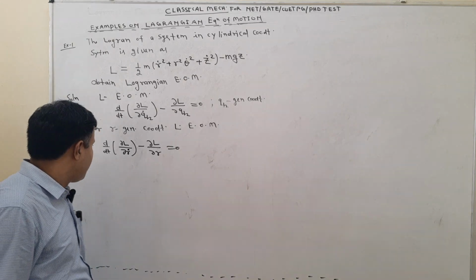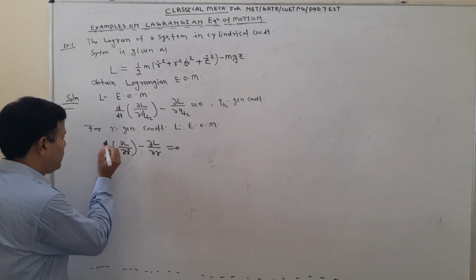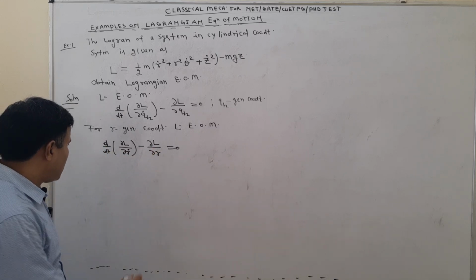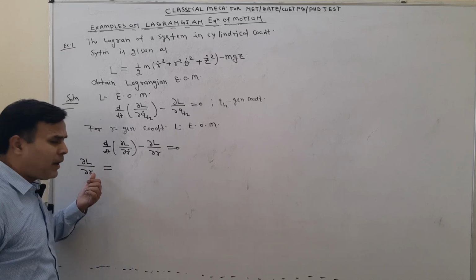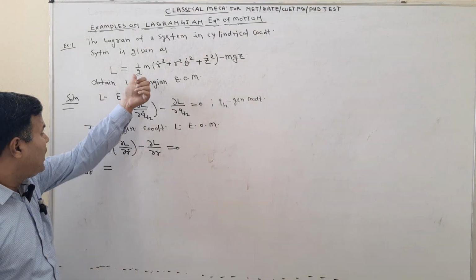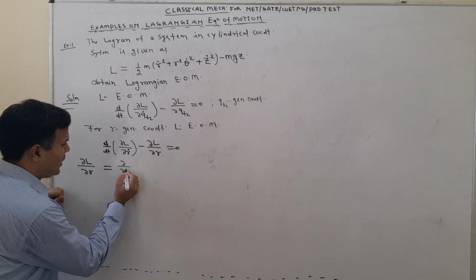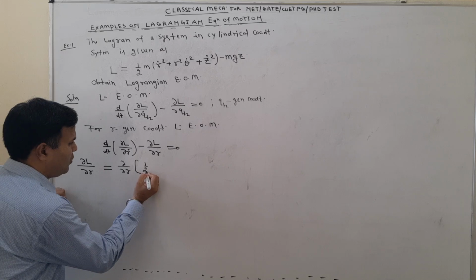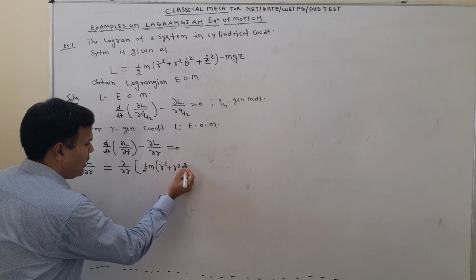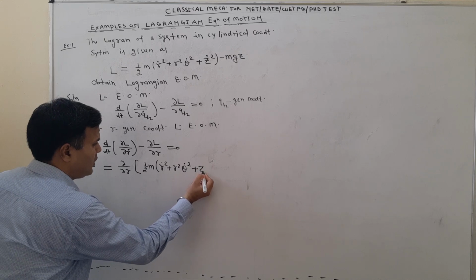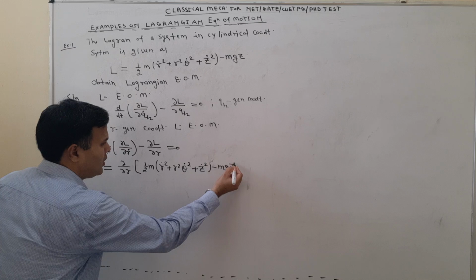This is our objective. So let us evaluate del L by del r. Del by del r means differentiating L partially with respect to r. So del by del r of 1 by 2 m (r dot square plus r square theta dot square plus z dot square) minus mgz.